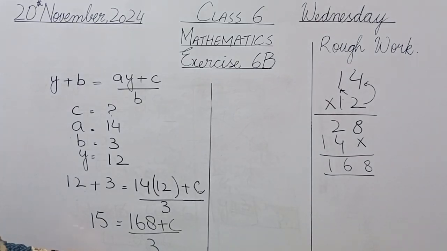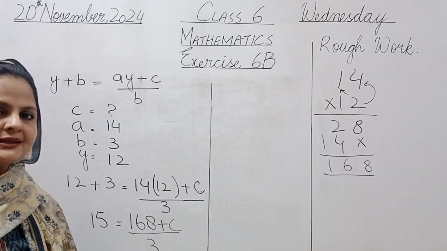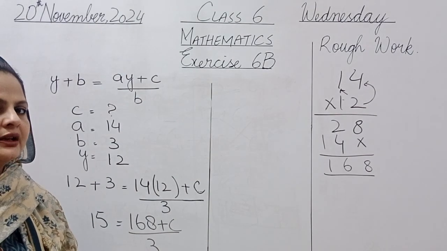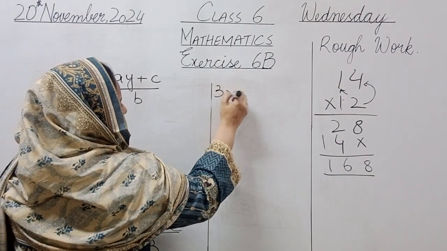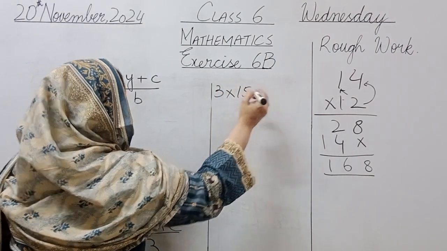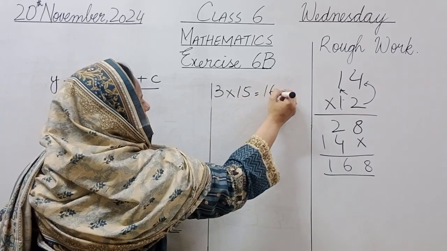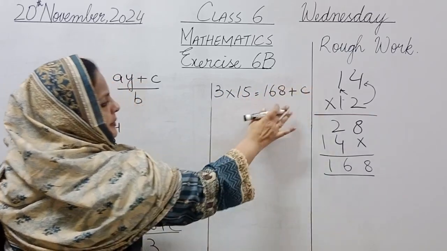Now we have to make it simpler. So this 3 will go to this side. Here it is dividing, it is acting like a divisor, and when we shift it here, it will turn into a multiplicand. So 3 multiplied by 15 is equal to 168 plus c. Look, now it has become easy, hasn't it?